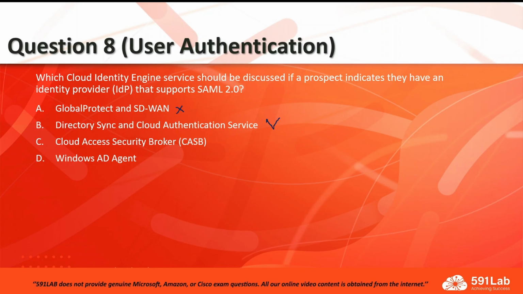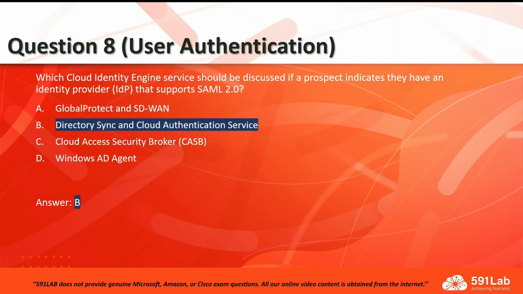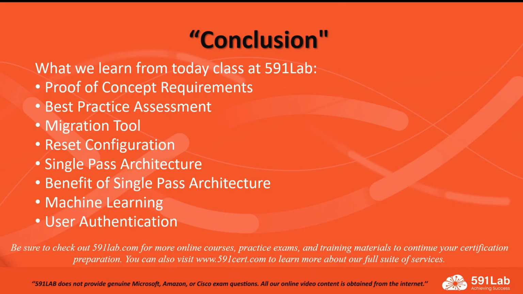So this is the correct answer. And then C, Cloud Access Security Broker, or CASB, it's not the answer. And the Windows AD Agent is not the answer either, because we have Directory Sync and Cloud Authentication Service that support the SAML 2.0 configuration. Then the answer for question number 8 is B, Directory Sync and Cloud Authentication Service.